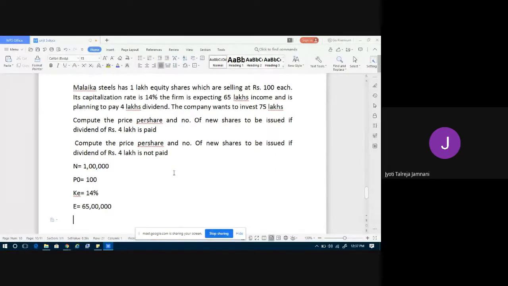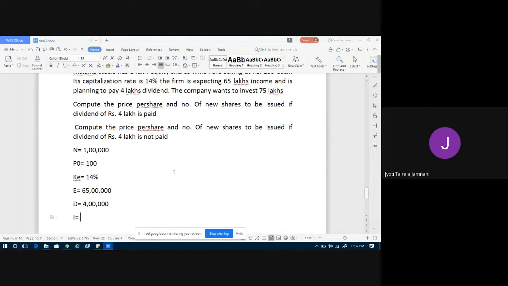The firm is planning to pay rupees 4 lakh dividend, so dividend is equal to 4 lakhs. The company wants to invest 75 lakhs, so investment is equal to 75 lakhs. Now compute the price per share and the number of shares if dividend of rupees 4 lakh is paid, and compute the price per share and number of shares if dividend is not paid.